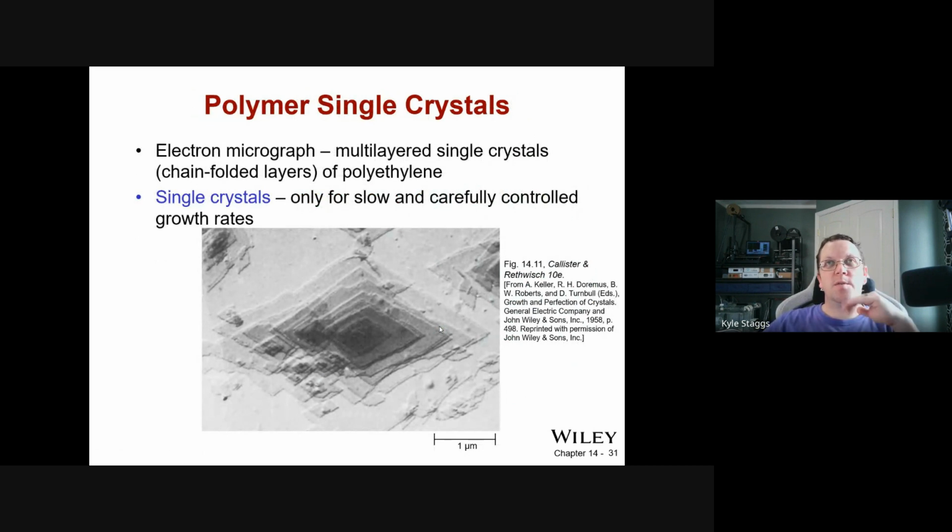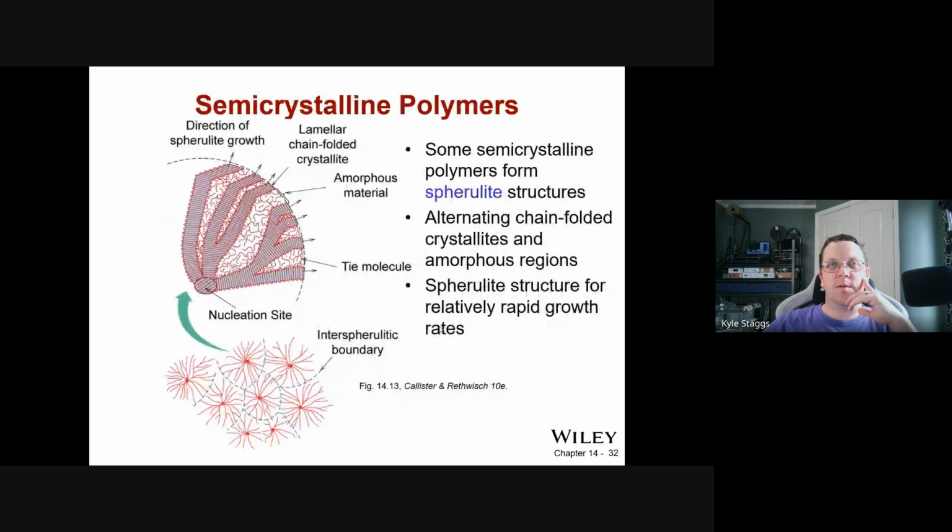Some of these multi-layered single crystals can also form under carefully controlled growth rates. This is something that was taken from GE from years ago, growing a crystal with polymer. There are also semi-crystalline polymers that have something referred to as a spherulite.